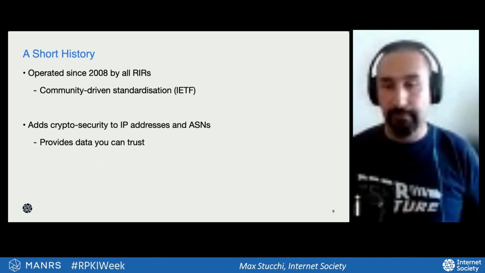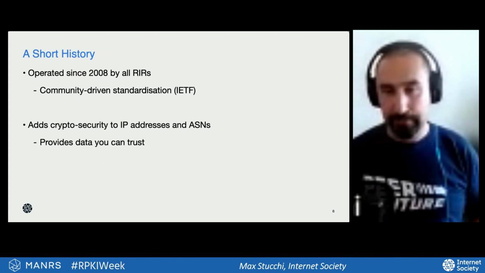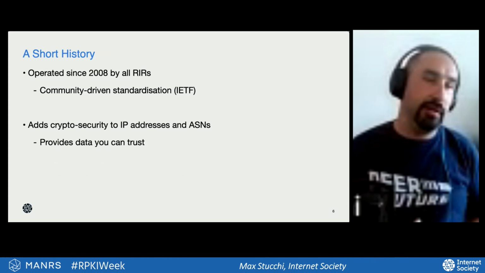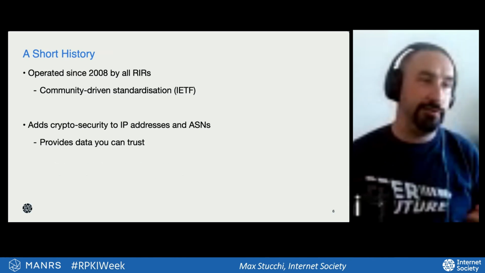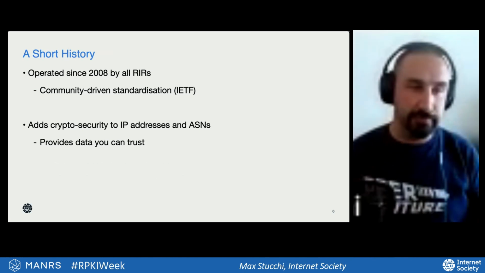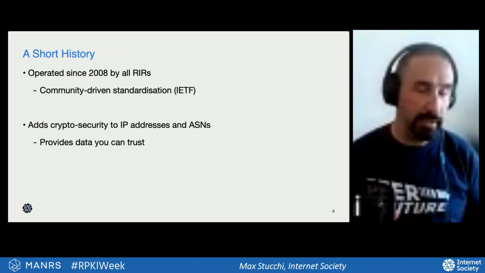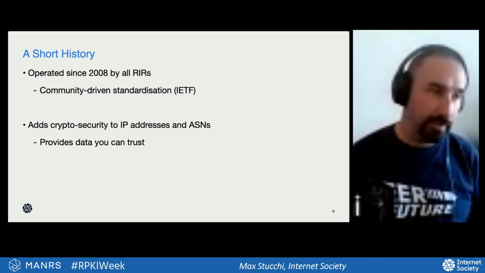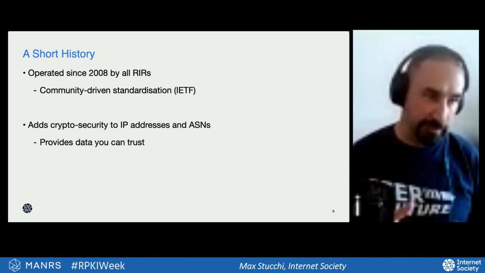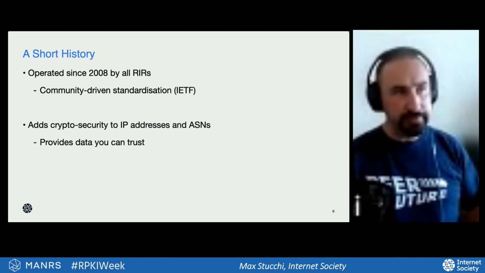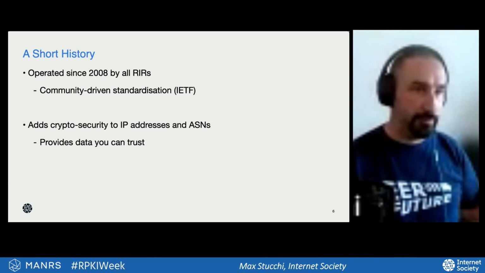So to solve these problems, to build on top of what we had, RPKI came up in 2008. It came out of an IETF standardization track, and of course, community-driven. But the idea was, let's take what we have, the concepts we have now. We have route objects.